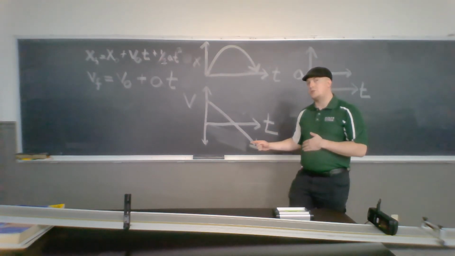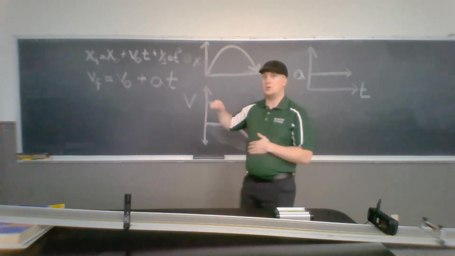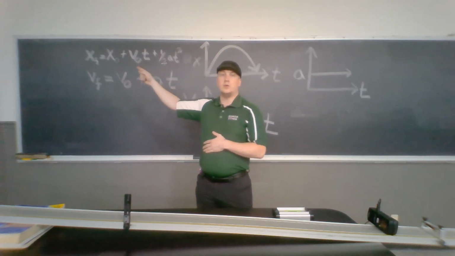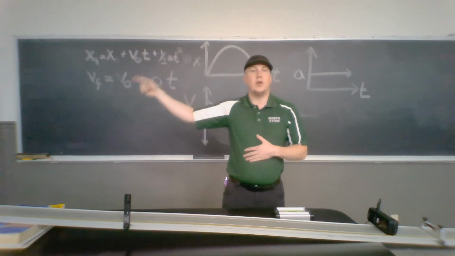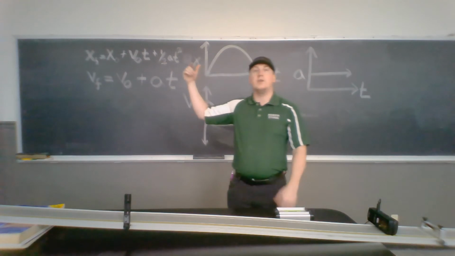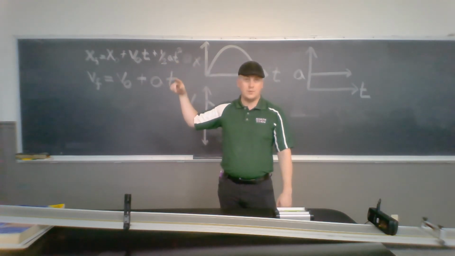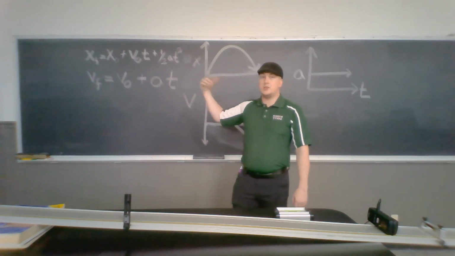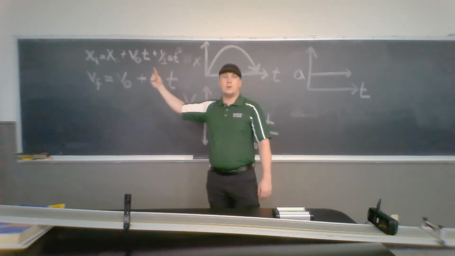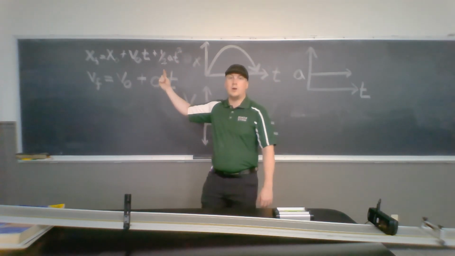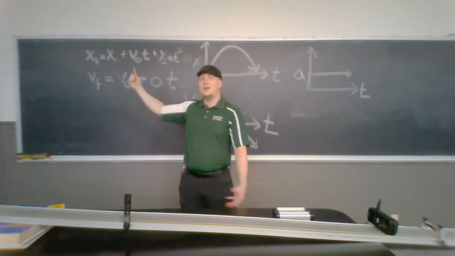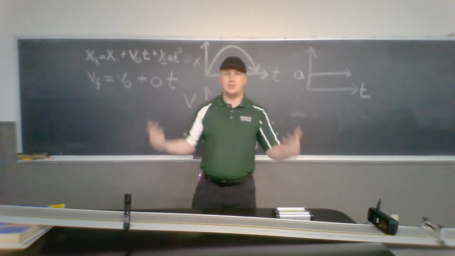Now, how do we interpret this to go into the x position? We go back to our initial equation, where we have x final equals x initial plus the velocity initial of the object times time plus 1/2 of the acceleration times time squared. So if time is our variable, we have a variable to the second power plus a variable to the first power plus a constant that has no time dependence at all, which has to equal our final position.